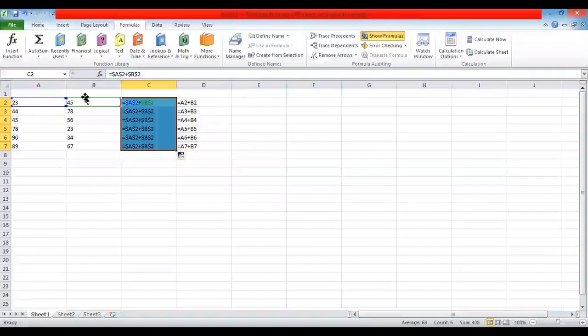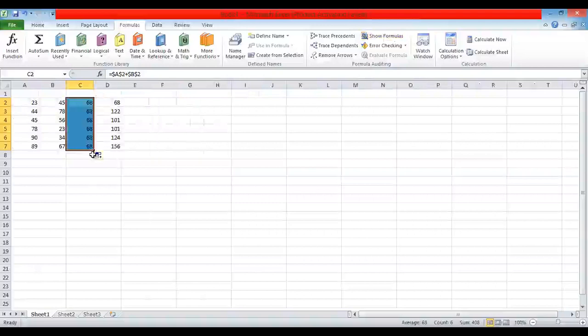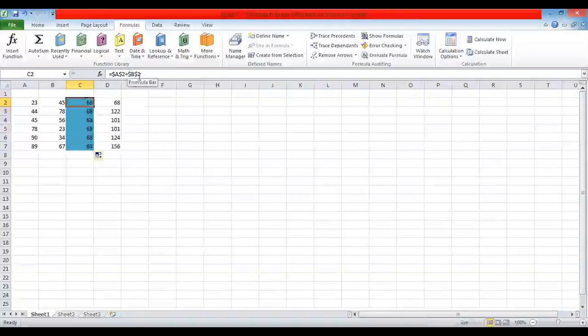You've seen that it is maintaining the same number as the answer. Yes, it is maintaining the same number, since we have said we are not going to change the formula, the numbers will appear as they are.